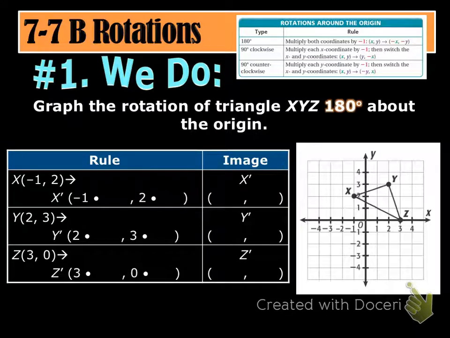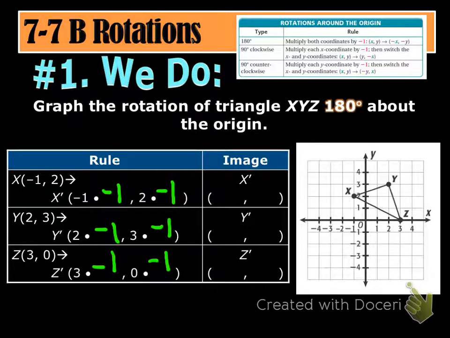So we're going to write that out in a chart. And then I'm going to apply the rule. Now it says here that we're going 180 degrees around. That means I need to multiply both coordinates by -1. So let's multiply each of these by a -1.